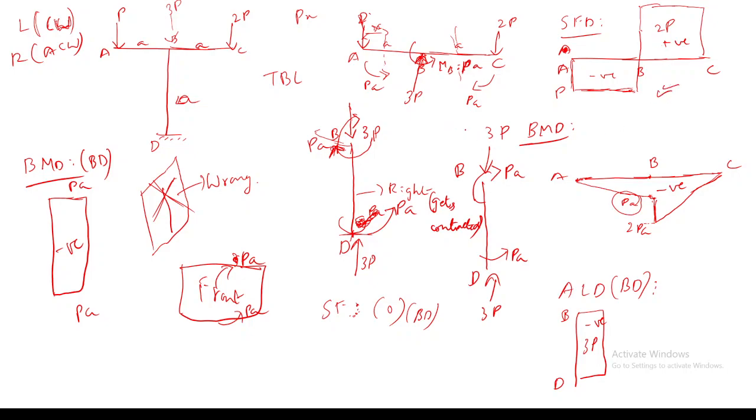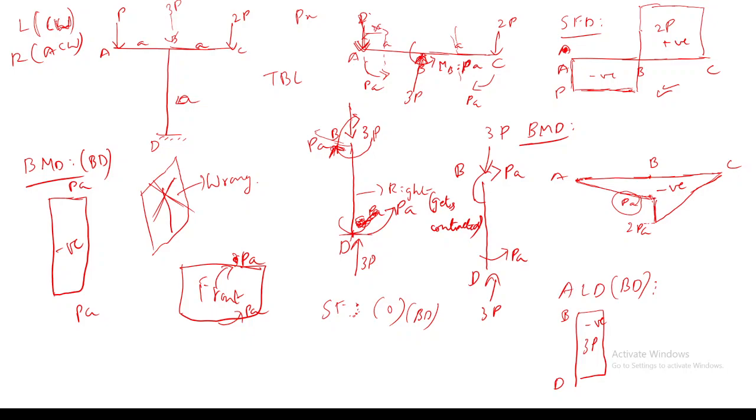I mean, the moment at B. See, due to this shear force P, you will have a bending moment equal to P into A in the anti-clockwise direction, right? So I have taken it as a linear variation.